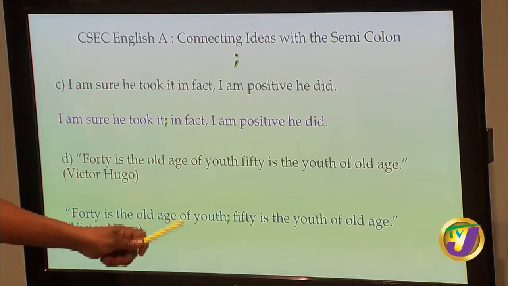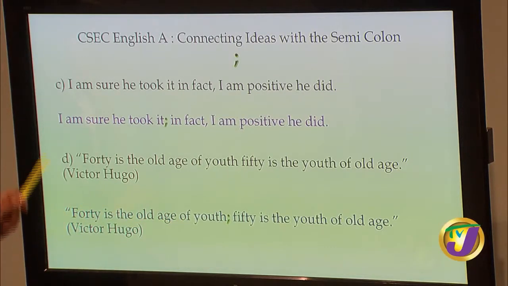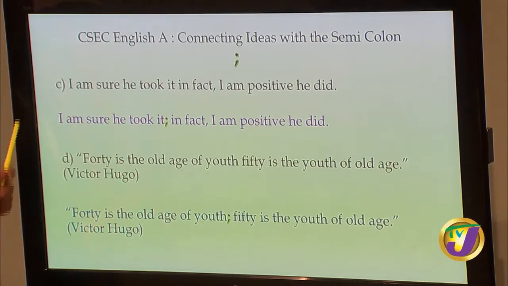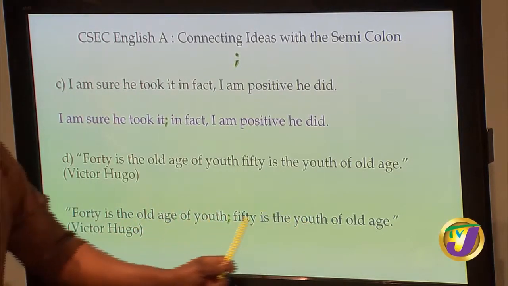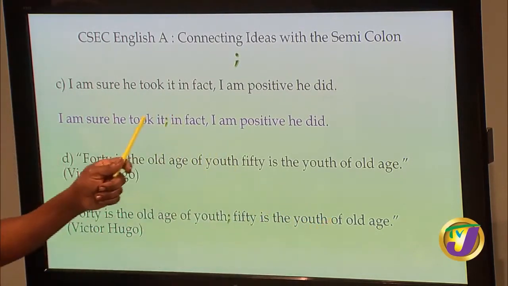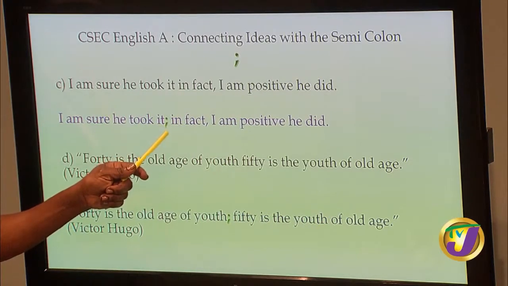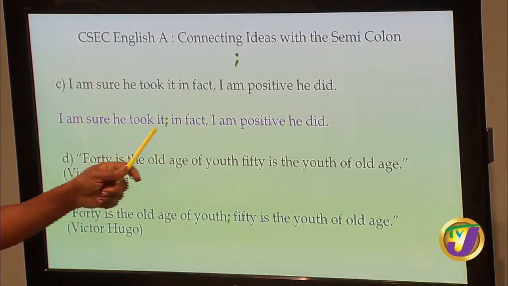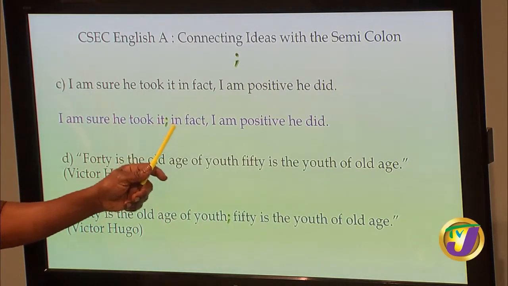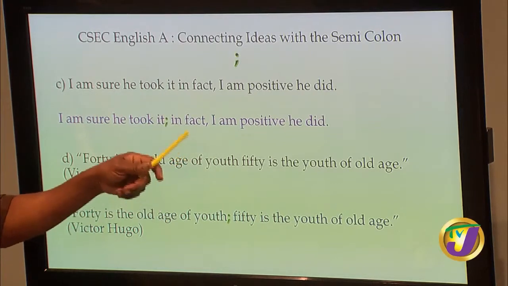Now, what is the difference between this sentence and this? Here we have the thoughts just running along. But here we actually have a transition. So you put the semicolon and the comma after the transition and you continue to write.